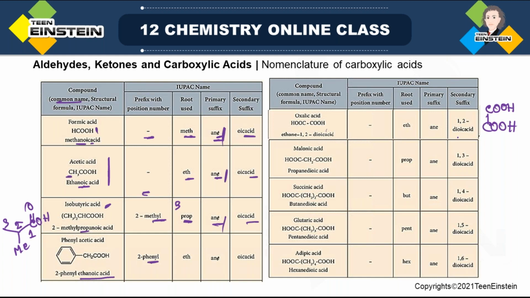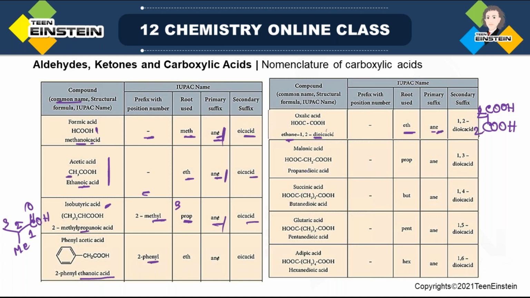So in this box, all these basically contain 2 CO2H and the E will not be dropped. Fine. So look at the name. There is no prefix. The root word is eth because it contains 2 carbons, 1 and 2. And eth, that is ethane. It is actually ethane. But at the 1 and 2 positions, there is oic acid, 2 CO2H, so it is dioic acid. So don't drop the E. You have to maintain the E when there are 2 CO2H.